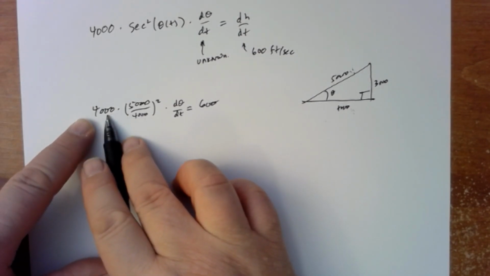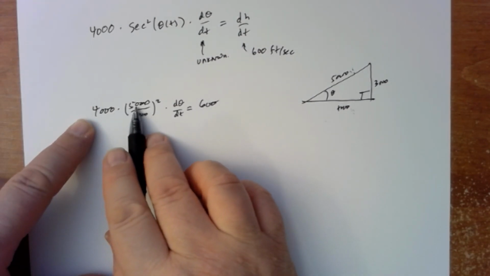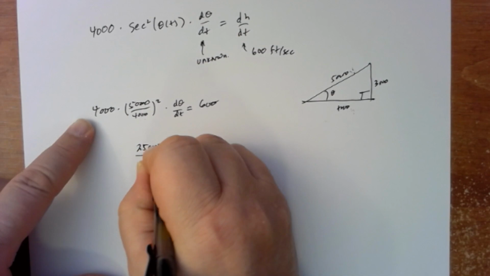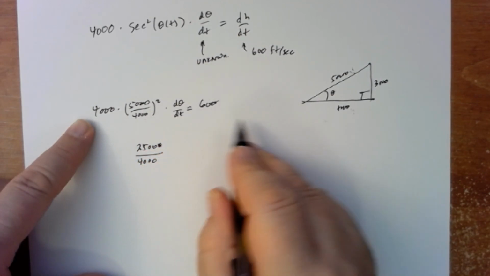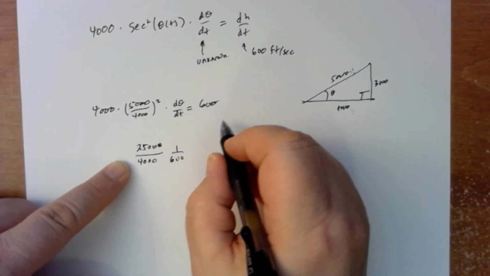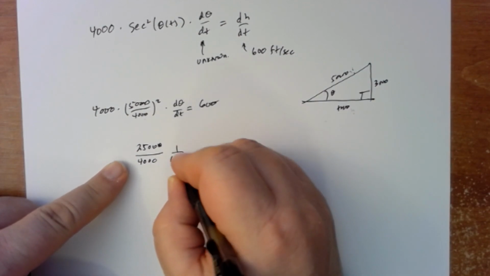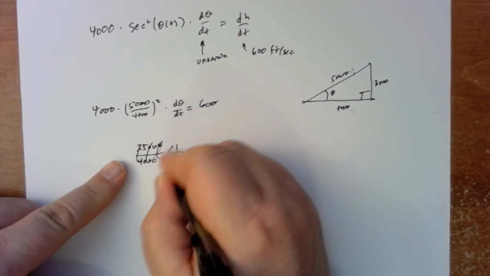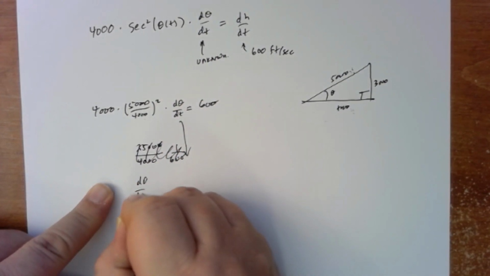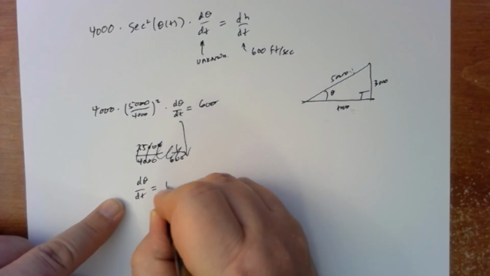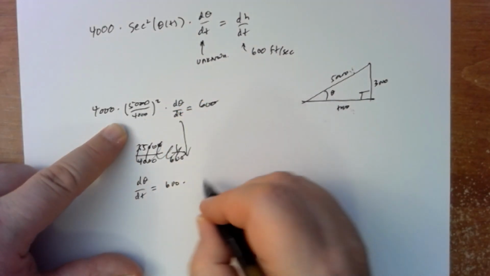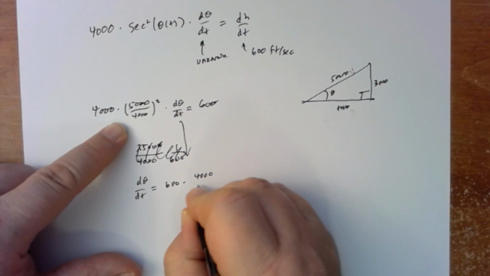One of these 4,000s will cancel with that 4,000, so that will leave 25,000 divided by 4,000, and then divided by 600. Oh, wait a minute, I wanted to move the other direction, didn't I? Okay, let's try that again. I should have written this out first. So d theta over dt is equal to 600 times 4,000 over 25,000.